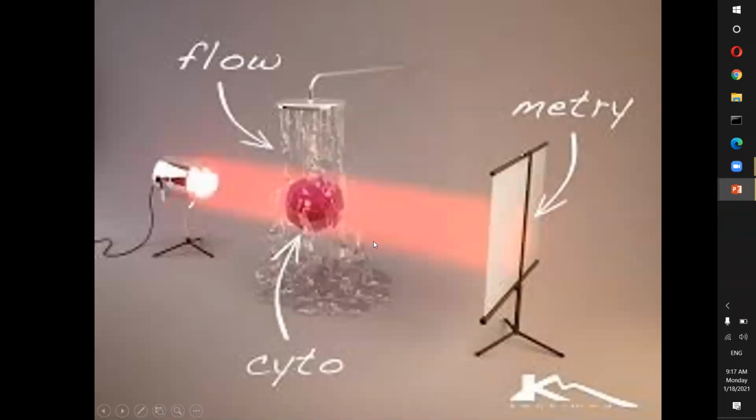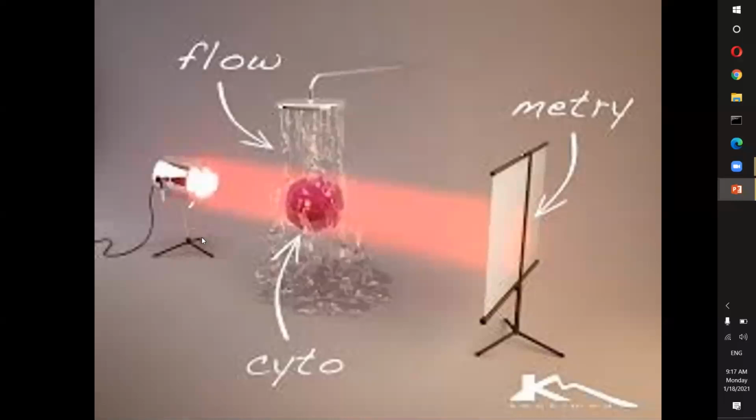Each cell, each lymphocyte in the blood, cytometry is a special measurement. This is a special technique in which every cell has an identification.